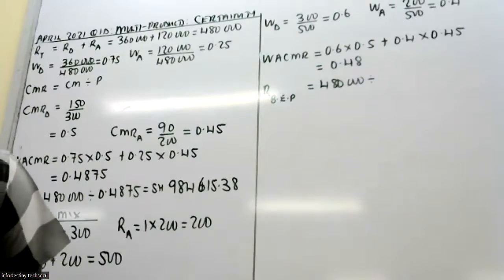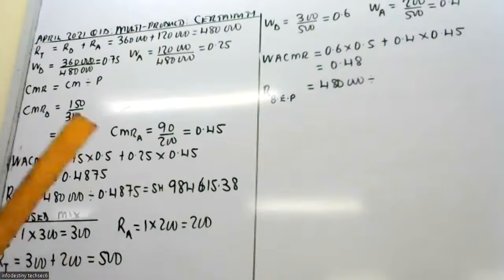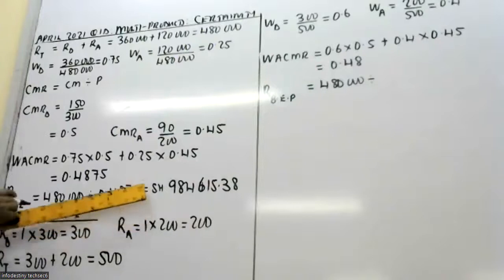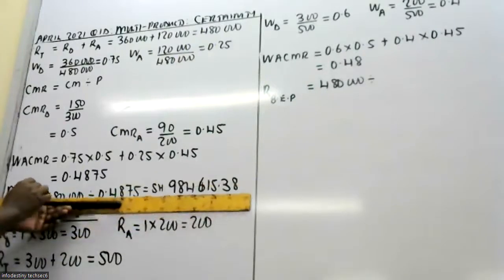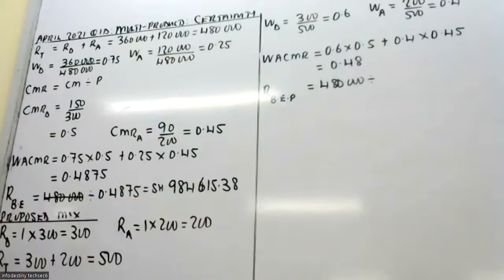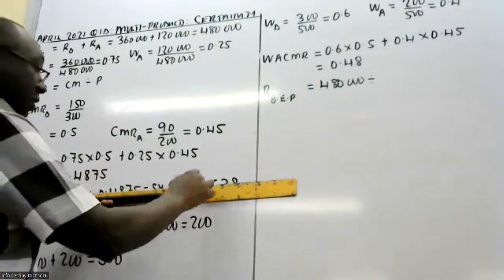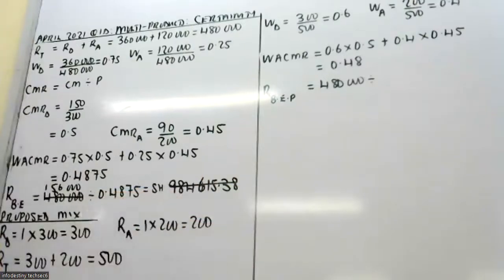Kuna mahali tulifanya makosa. Hiyo 480 hii ndio haikuwa fixed cost. Hii ilikuwa revenue. So go back and make a correction. This one, it was the fixed cost. Fixed cost ilikuwa tumepata huko juu 156. Make a correction. 156. Let's start here. So give me the new figure here. 156,000.